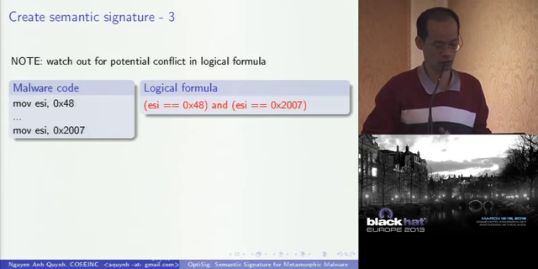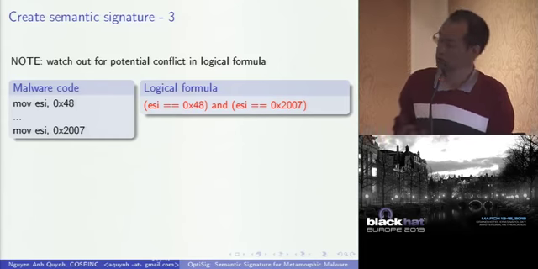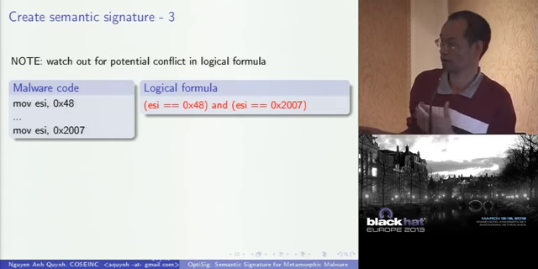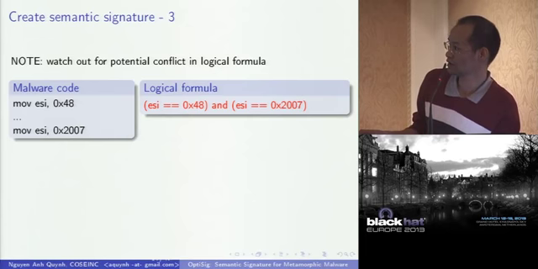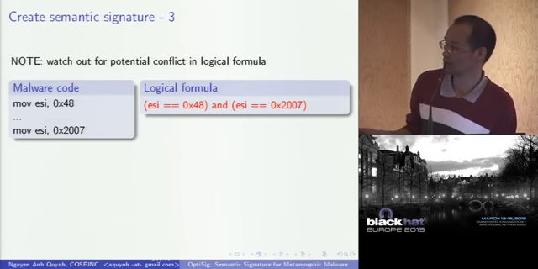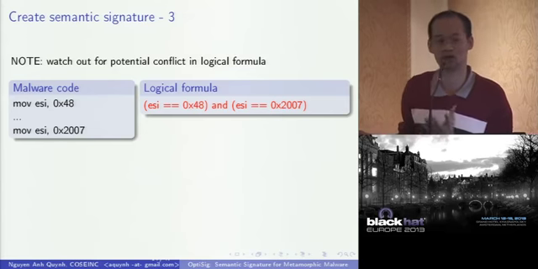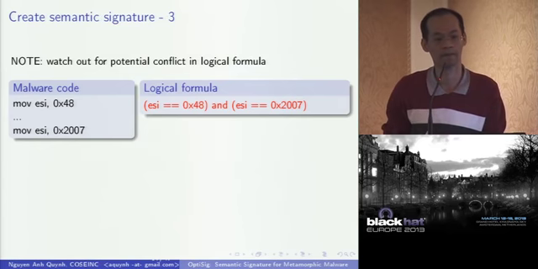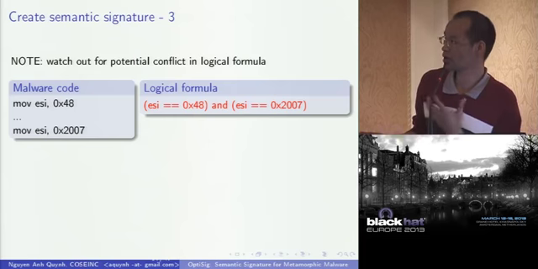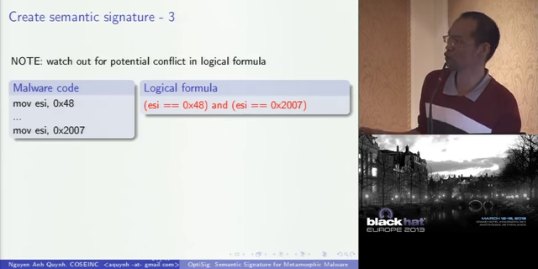However, something to be careful about, because note that here we have a logical formula. Can you tell me, is there anything wrong with this? We have the code on the left side and the logical formula for it on the right side. Anything wrong here? What we have is a logical formula, not an assignment of 48 to ESI and then 207 to ESI.